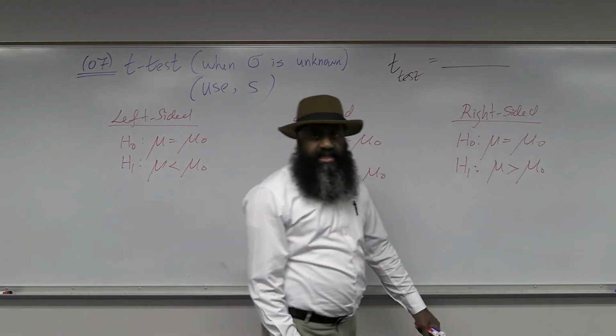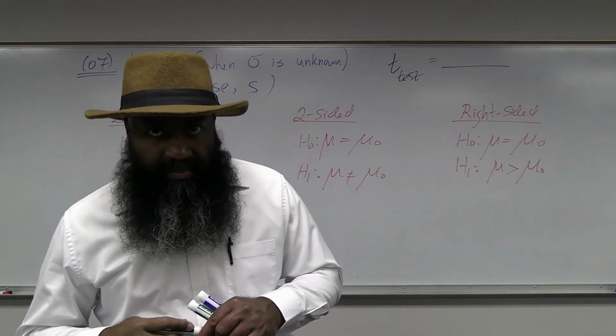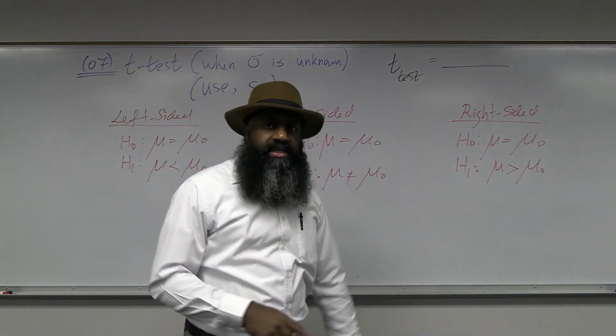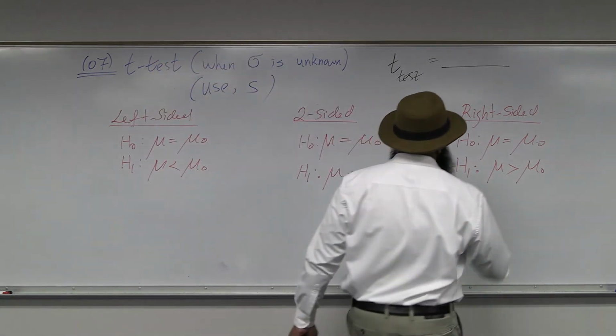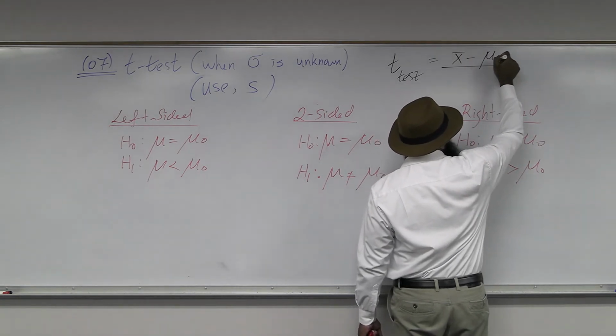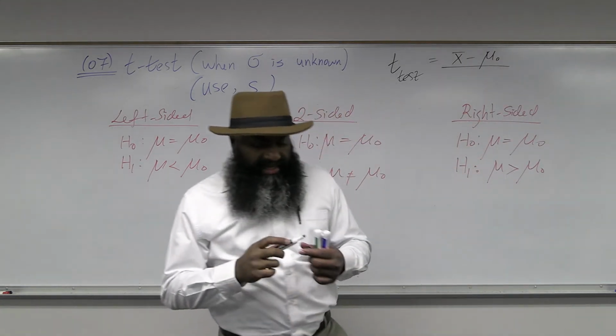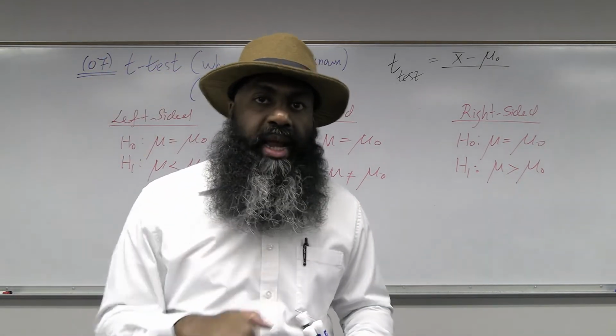In the Z test statistic, the numerator was x bar minus mu 0. And for the T test statistic, we have the same numerator. So it will be x bar minus mu 0. In the Z test statistic, the denominator was sigma over square root n.